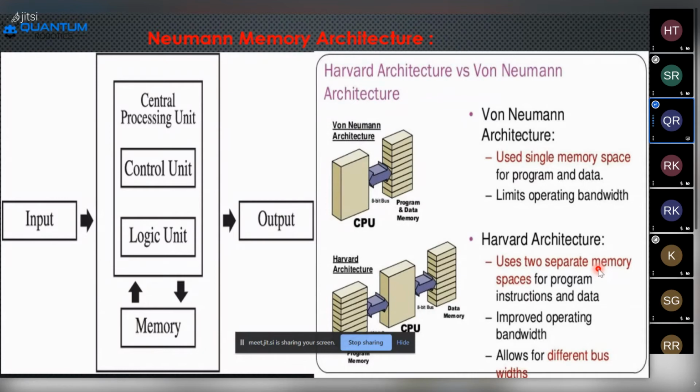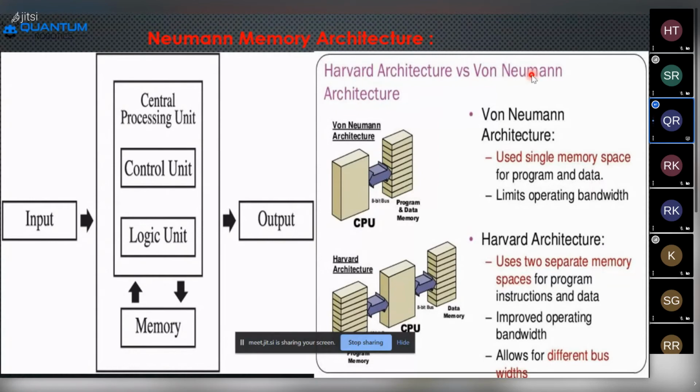The control unit and the logic unit, the data and the address buses are going to be transmitted to the memory, and from the left side the input is going to be received and processed, giving the particular address location for that, and that data is going to be transmitted to the memory. That memory is giving the output.